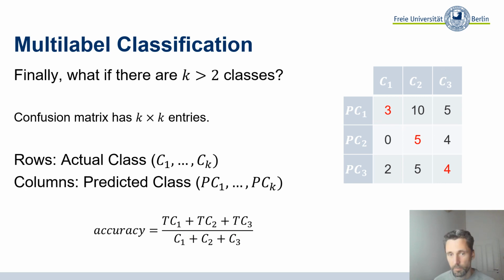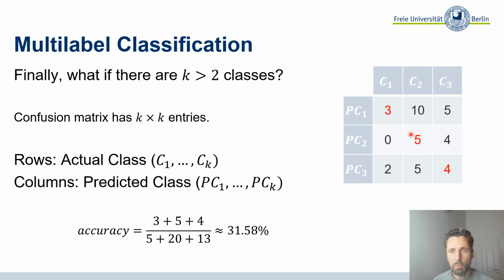So 3 plus 5 plus 4 then needs to be divided by the number that we've just given you here: 5 for class 1, 20 for class 2, and 13 samples for class 3. So the overall accuracy of this model would be 32%.